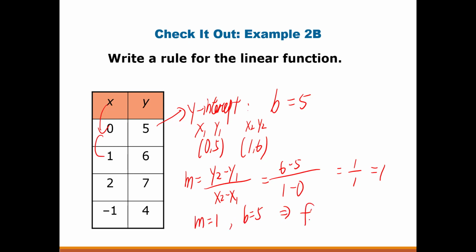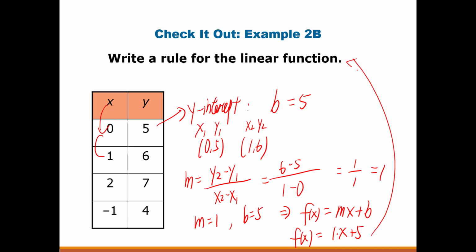Using the function notation, f of x equals mx plus b. So now f of x equals m, which is 1, times x plus 5. So this linear function is f of x equals x plus 5. Okay. So be flexible about this. In this particular problem, we are given the y-intercept, so we can use it directly.